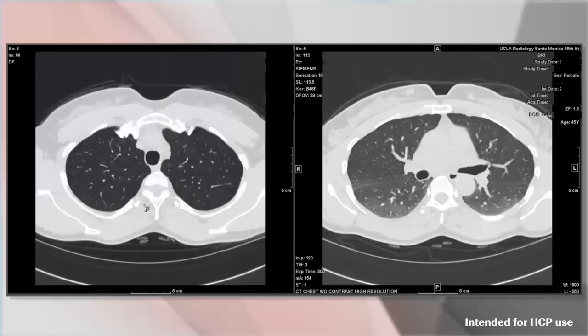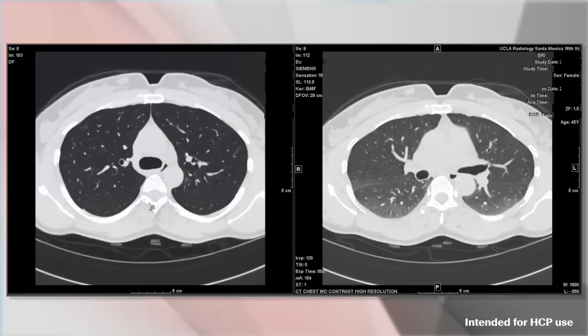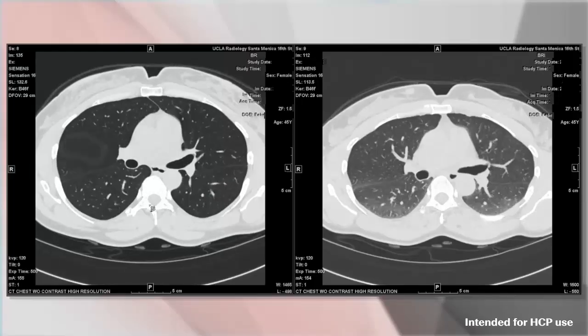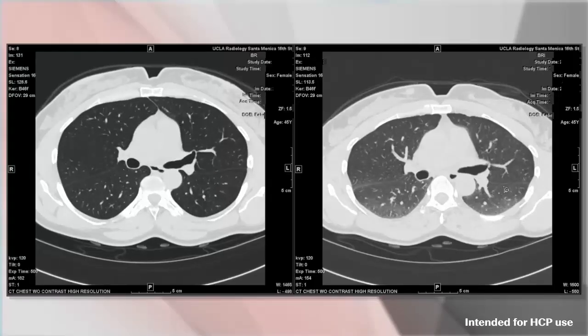I'm going to scroll down to a relatively same level on the inspiratory images as well. And what we see here is this gravitational dependency, or this grayness. The patient is lying on their back, and on expiratory imaging, as I mentioned, the lungs look gray.